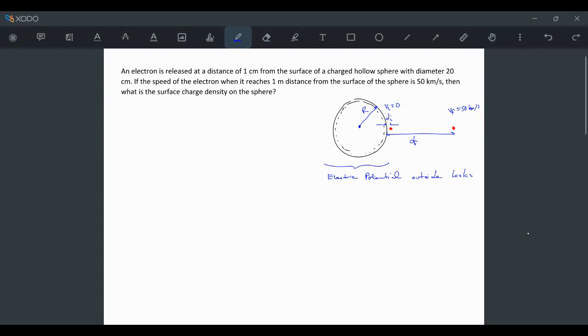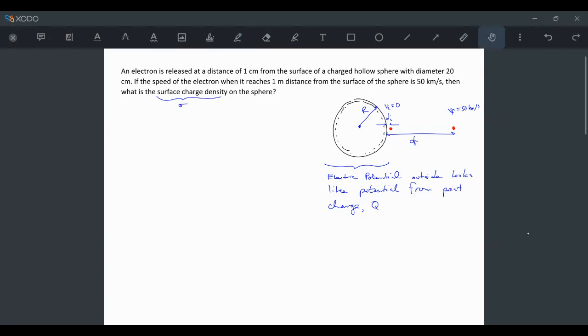So the electric potential outside the sphere looks like the potential from a point charge. And let's call that point charge, let's say it has some amount of charge, capital Q. And what that really means is, to connect this to what we're looking for, the surface charge density, we call this sigma, as is convention.